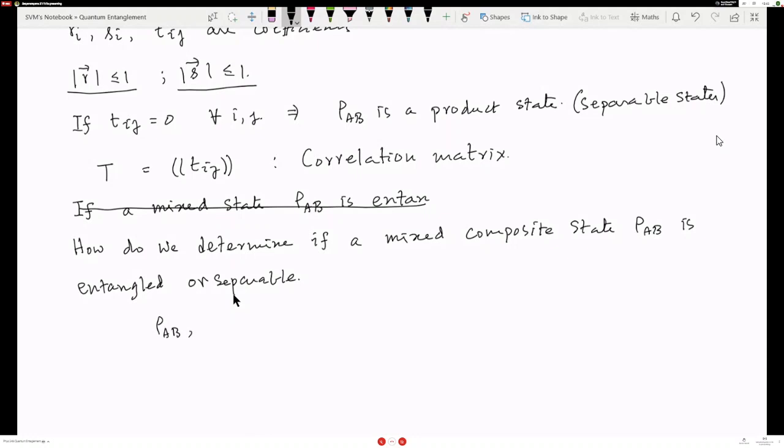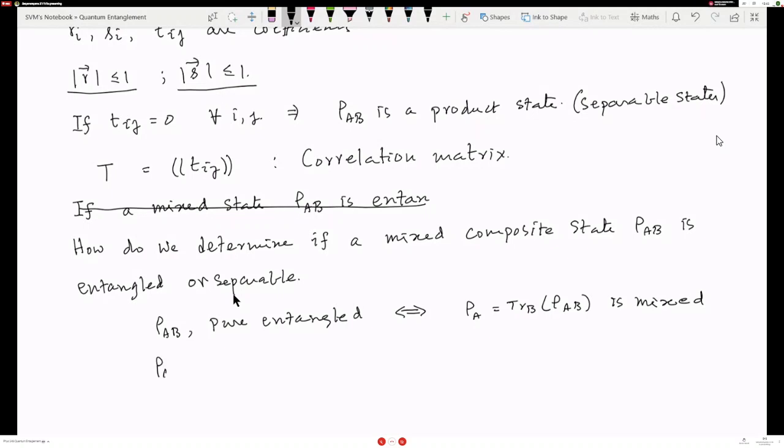So rho AB pure and entangled means rho A, which is equal to trace over B of rho AB, is mixed. There is a well-determined connection like this. If rho AB is pure but not entangled, then rho A is not mixed.